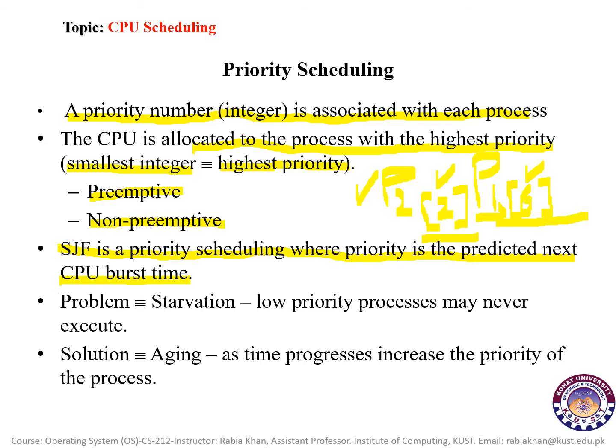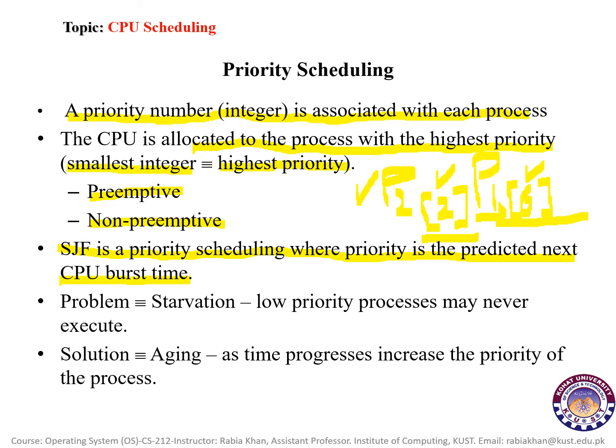If the currently executing process's remaining CPU time is smaller than the newly arrived process's CPU time, the running process is not preempted. Otherwise, the running process is preempted and CPU is assigned to the newly arrived process.